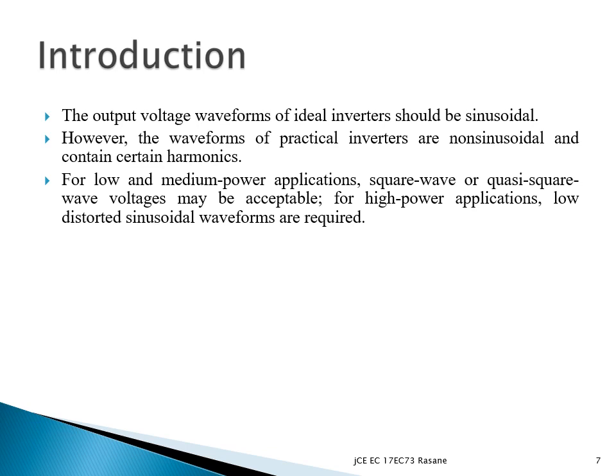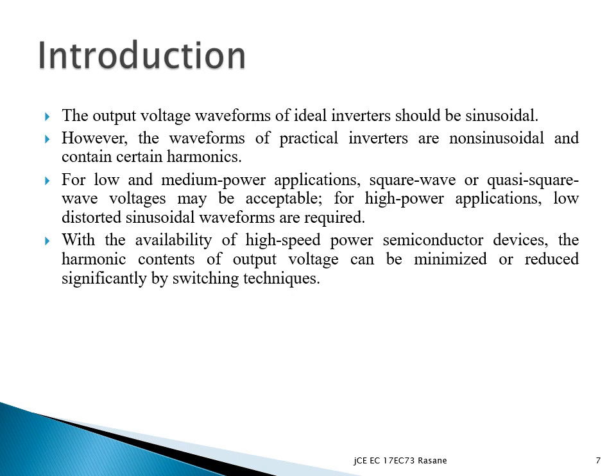But when we come to high power applications, low distorted sinusoidal waveforms are required. With the availability of high-speed power semiconductor devices, the harmonic content of the output voltage can be minimized or reduced significantly by switching techniques. So when I use pulse width modulation, it deals with switching technique, and it is possible to minimize these harmonic contents at the output so that the load is operating at a better AC output.